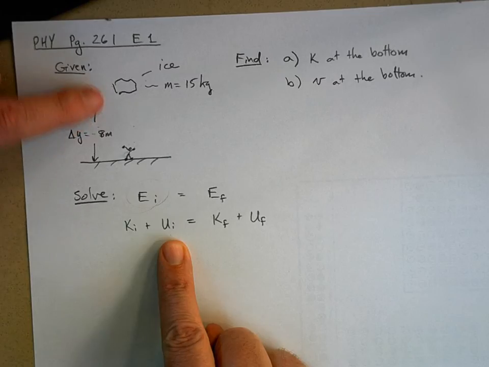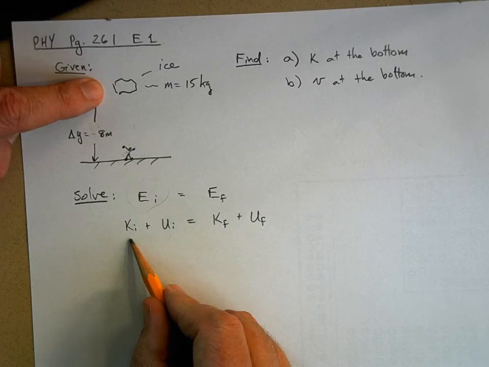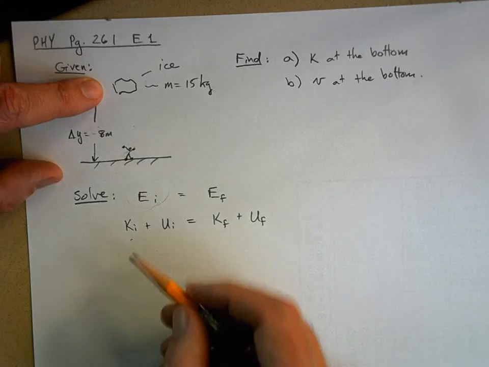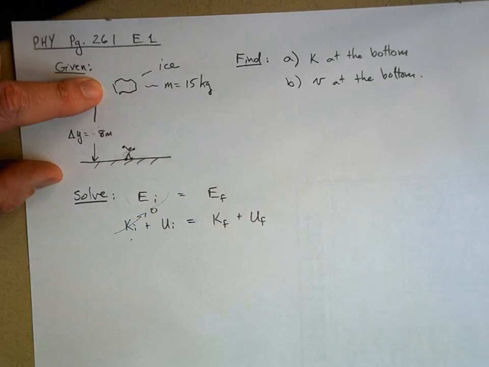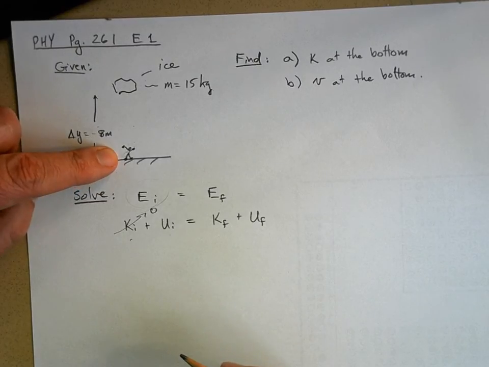Now, look at this ice at the beginning. Does it have any kinetic energy? No, it's released from rest. So it has no energy due to motion because it's not moving. So this is 0. Now look at the end, just before the ice hits the ground.